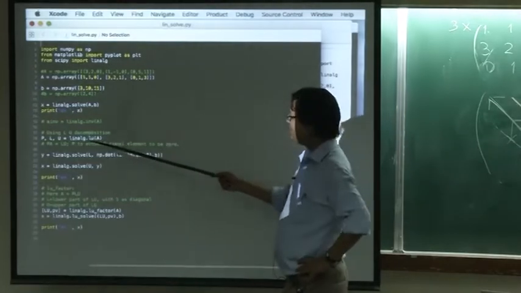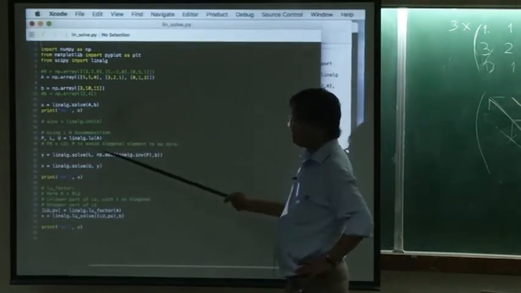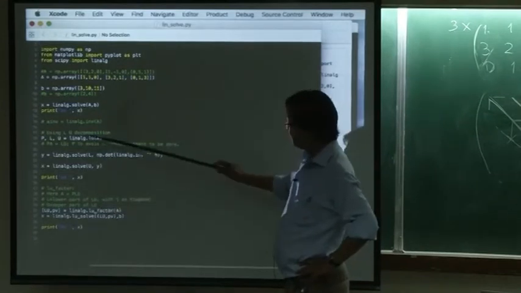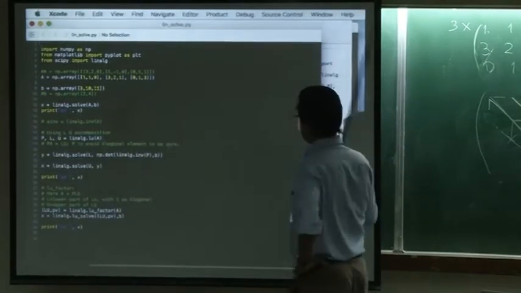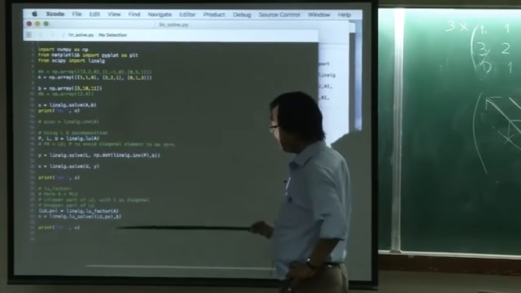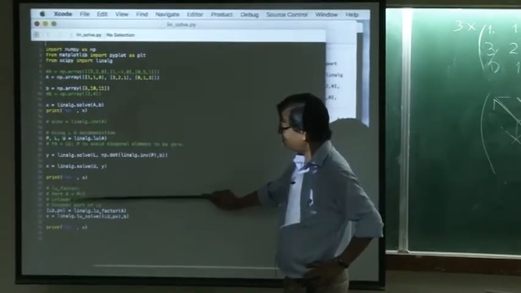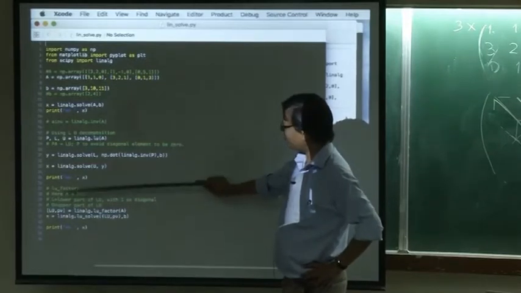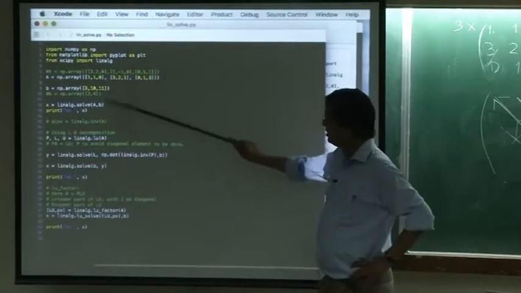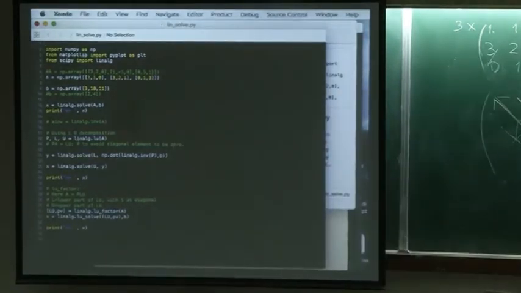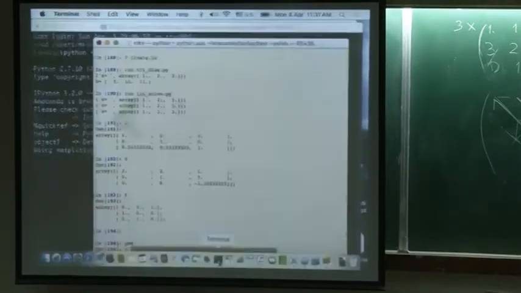Using these we can, exactly like what I showed for LU, solve for x in 2 steps: first solve for y, then solve for x, exactly what I did on the board. There is another way which is lu_factor, which can be done in one shot. Is that clear? The function syntax is trivial.